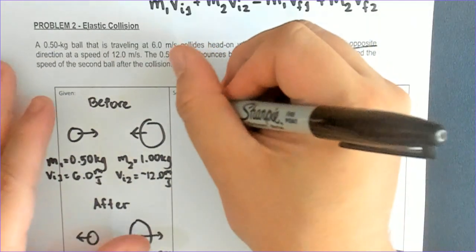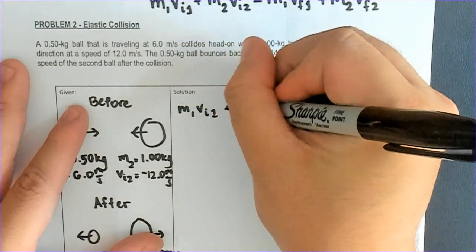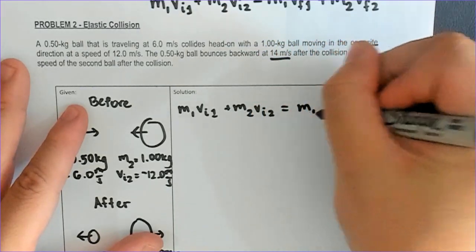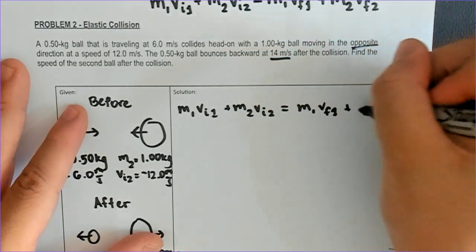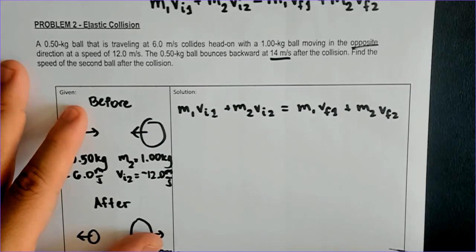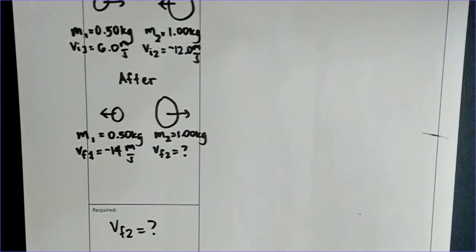I'm going to write that for a third time here in the solution: m1 vi1 plus m2 vi2 is equal to m1 vf1 plus m2 vf2. Now what we want to isolate is the unknown, which is vf2.